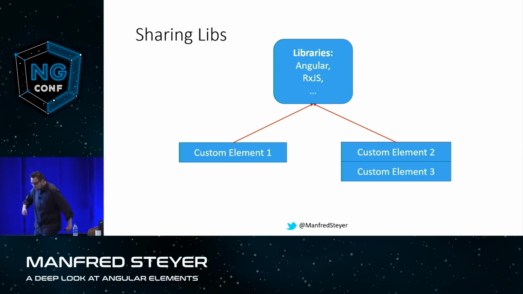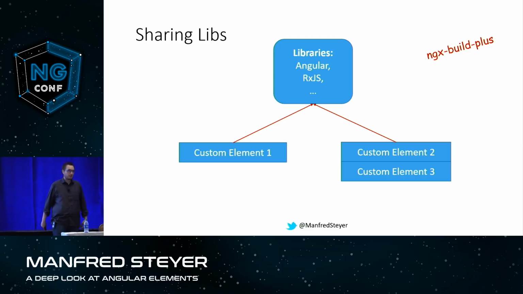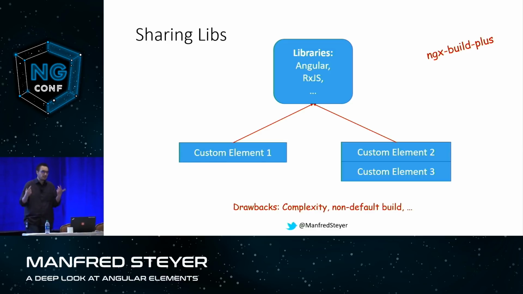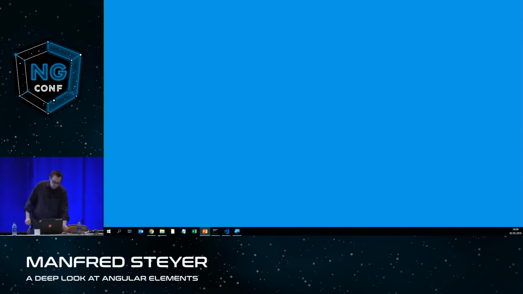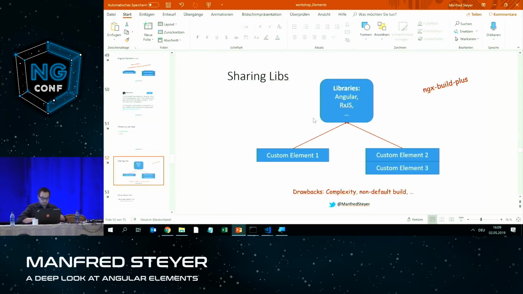For this, we have to tweak the CLI a bit, and to tweak it, you can also use ng-build plus. In this case, the produced bundles will reference the window object. Saying this increases the complexity of your project, and this also leads to a non-default build, so I would just use it when really necessary. But let me show you how this can be used.